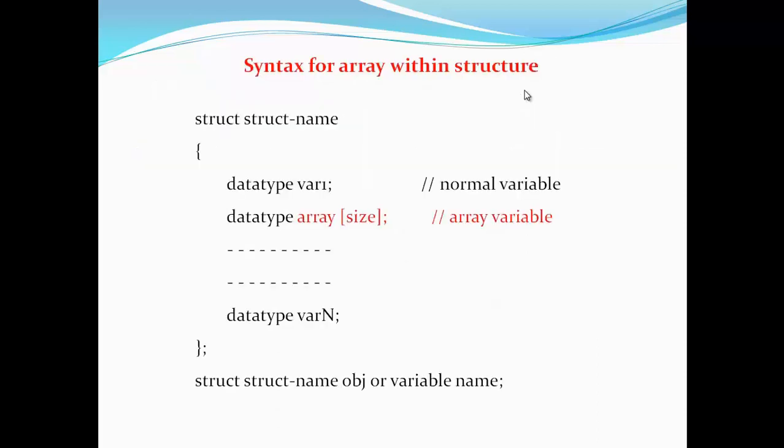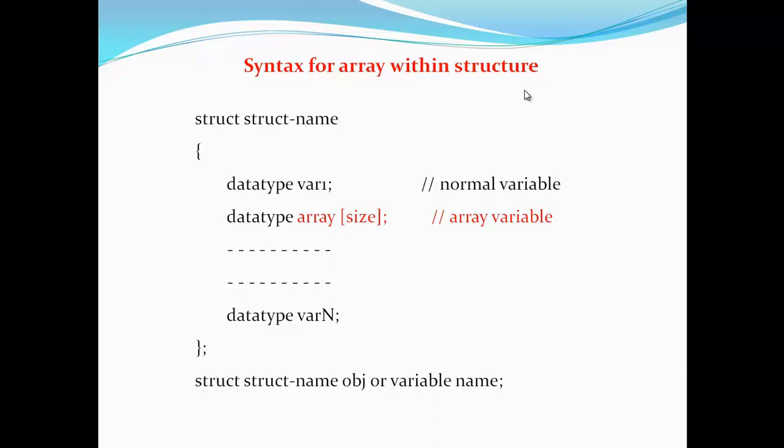Next, see the syntax of array within structure. Here you see the syntax on the screen. It is the same syntax we discussed in the previous lecture. The major difference is this: I highlighted it in red. When we create an array within a structure, at that time we have to create the array as a structure member.